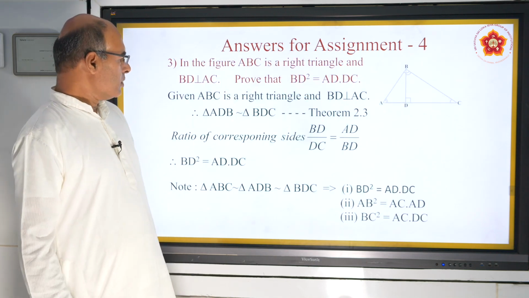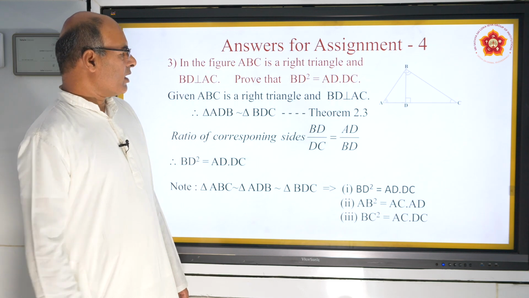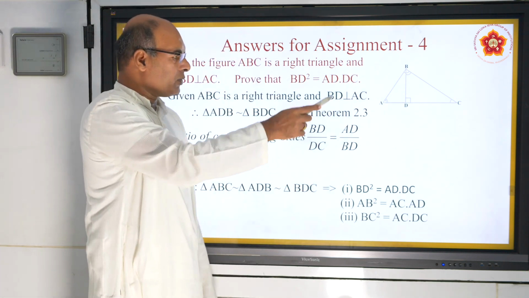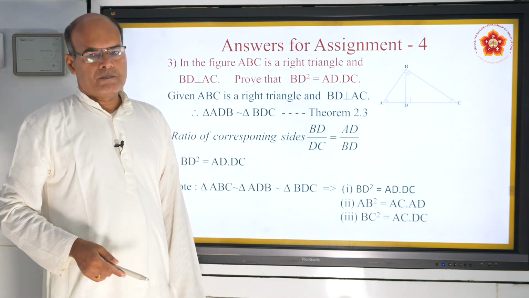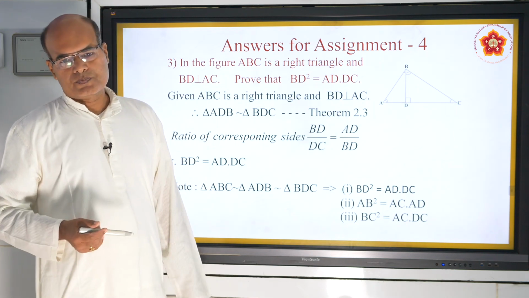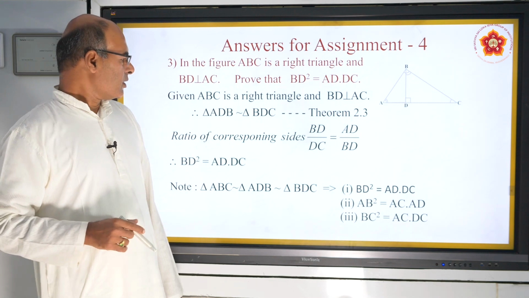The next question. In the figure, ABC is a right angle triangle with angle B equal to 90 degree, and BD is perpendicular to AC. Actually this problem was already proved in theorem 2.7. It is proved.